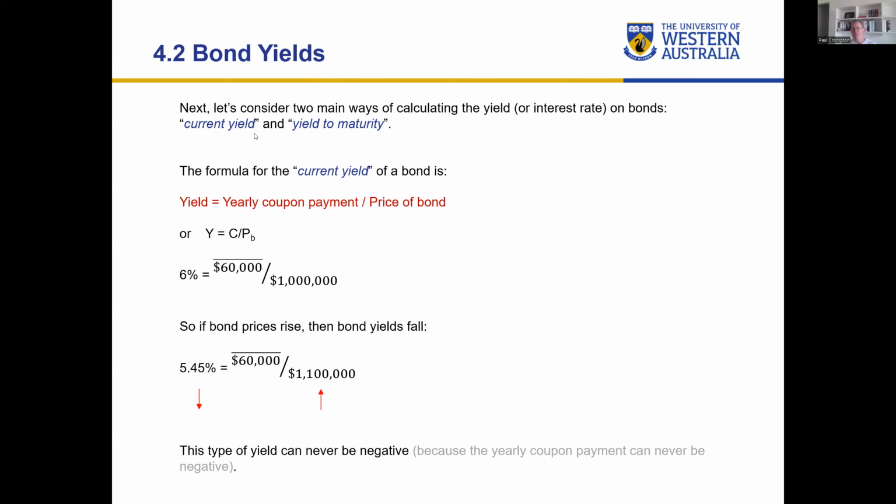If you use the current yield measure, there will never be a situation where the yields on these bonds will actually be negative, because the only way you can get a negative current yield is if the coupon is negative. That would then give you a negative yield.